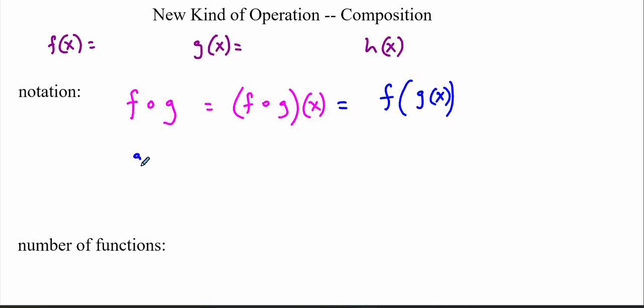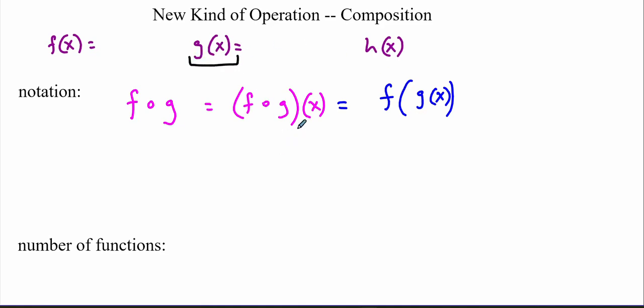This is not the same thing as G O F, and I'll show you an example why that's not the case. So I'm going to undo that. Let's make sense of this. What this is saying is you're going to take whatever X, plug it into the G function, which is typically what you're given.